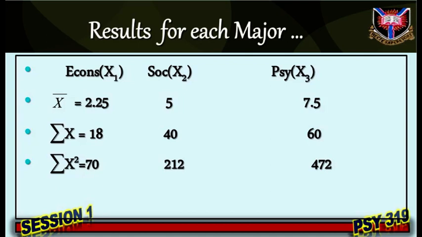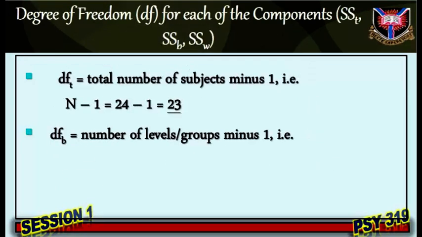You need to first calculate the correction term, CT, as it is written below. Compute the degrees of freedom, DF, for each of the components SST, SSB, SSW. DFT is equal to total number of subjects minus 1, that is, n minus 1 is equal to 24 minus 1 is equal to 23.